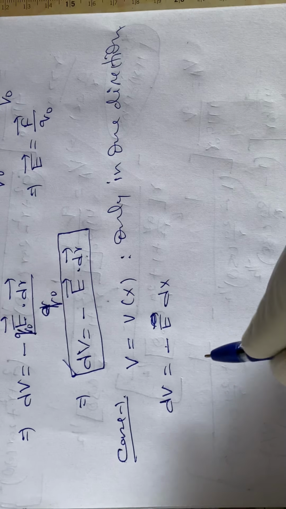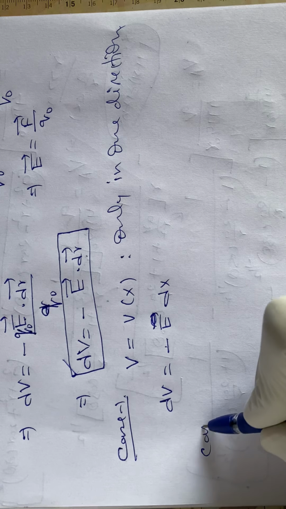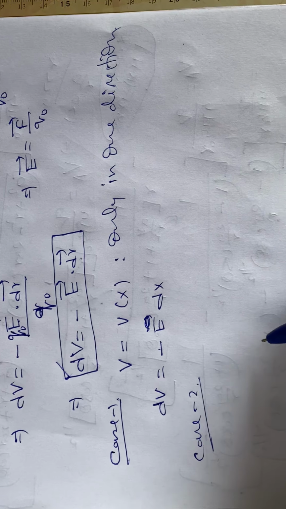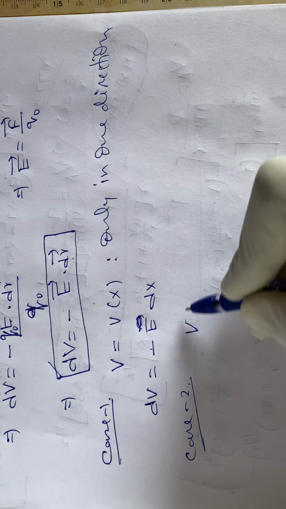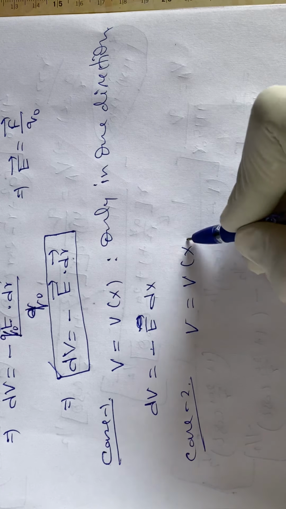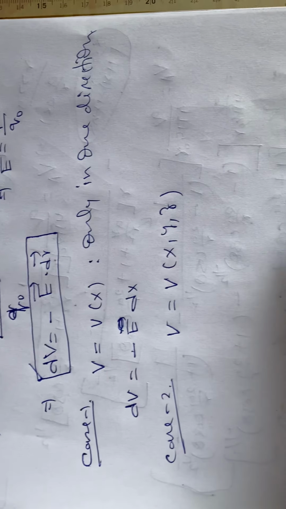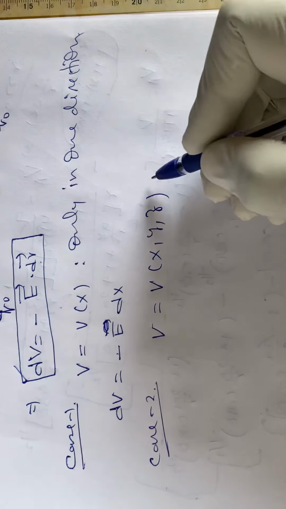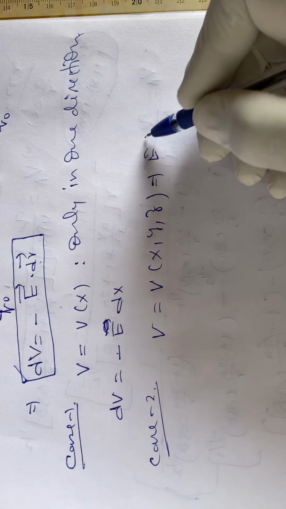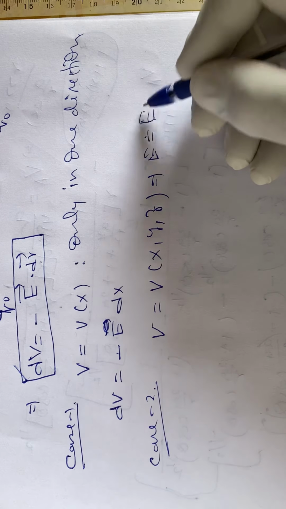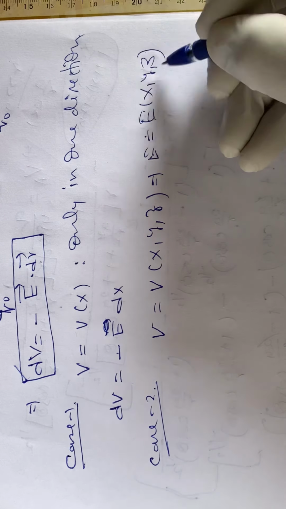How? Let's make it another case too. If V is a function of x, y, z, then E would also be a function of all three, that is, E will be a function of x, y, z.